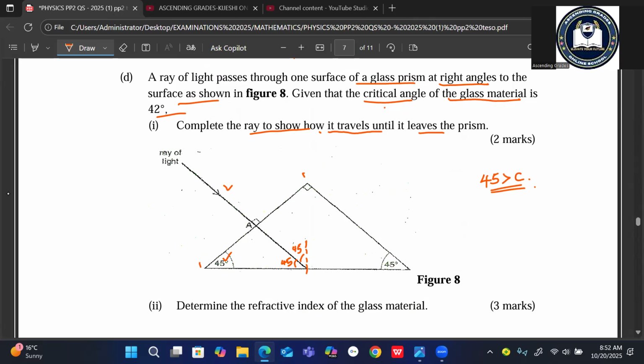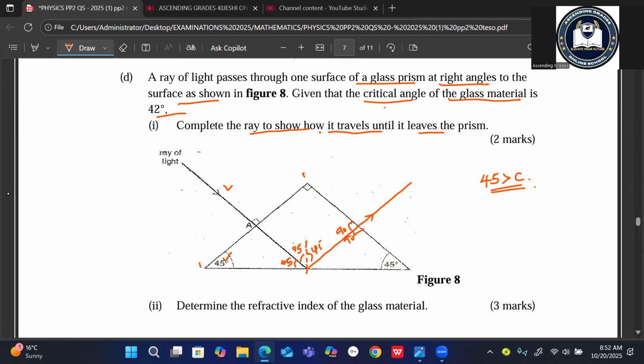We also expect the reflected angle to be 45. So each one is 45, this becomes 90, this becomes 90. So it emerges out undeviated on that side.